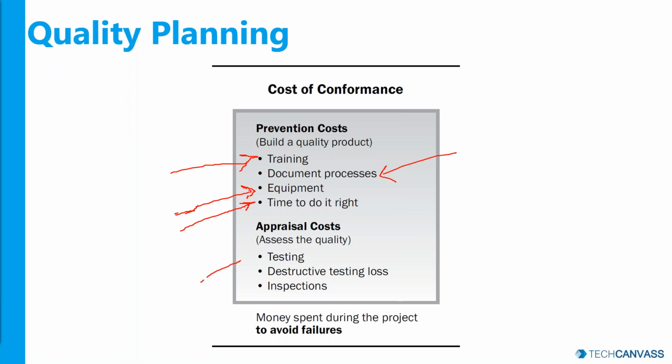And you need to invest in destructive testing. You will be losing a lot of material in destructive testing, right? In defense projects, we lose a lot of material as a part of testing. That also is an investment in quality. Very importantly, inspection, quality inspection. Okay, so money spent during the project to avoid failures comes under cost of conformance, which you would focus on during quality planning.